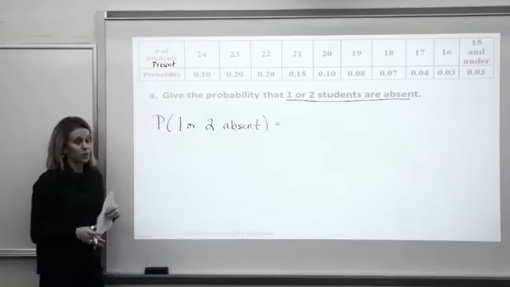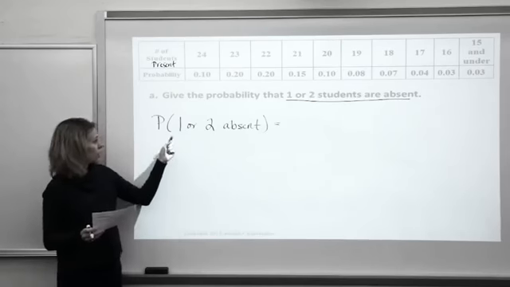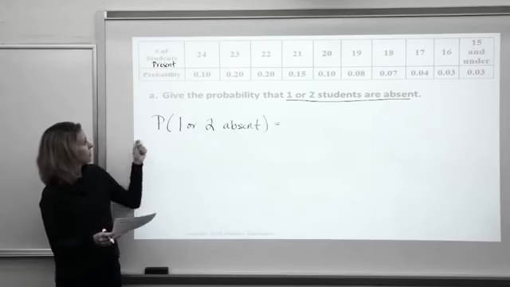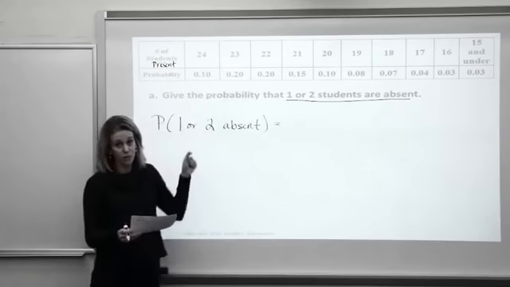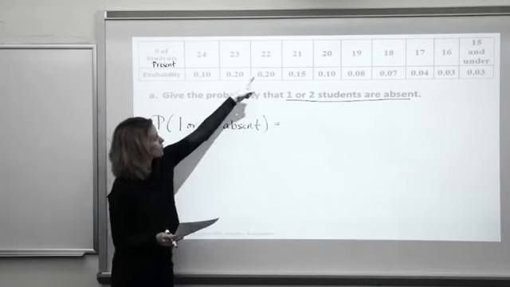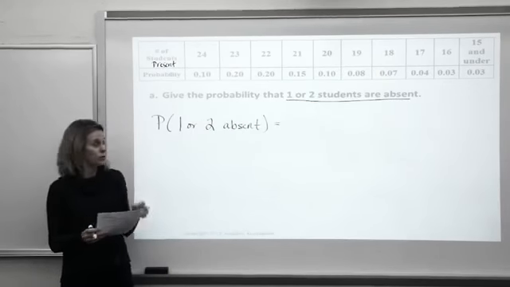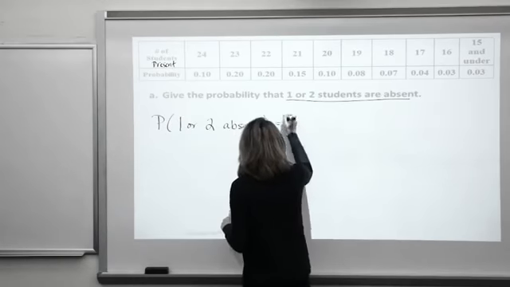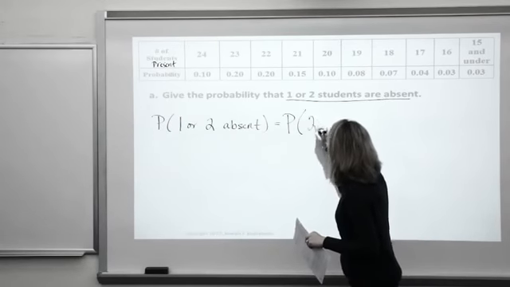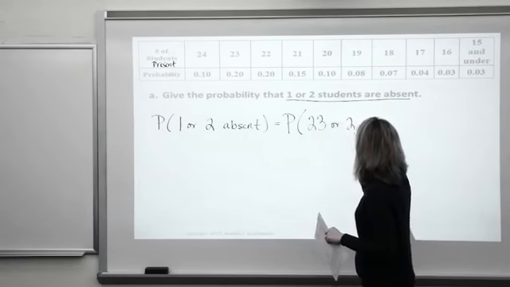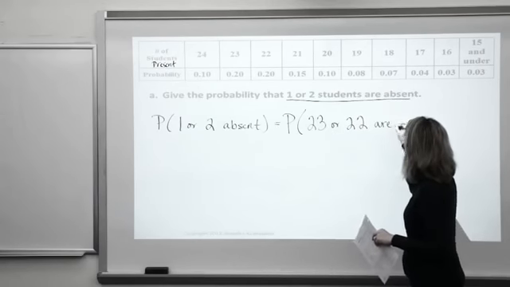Since this is written in terms of how many are present, if 1 student's absent, that would mean that 23 students are present. And if 2 students are absent, that would mean that 22 students are present. So this is the same thing as looking for the likelihood that 23 or 22 students are present.